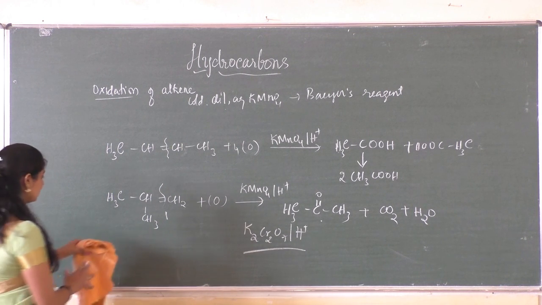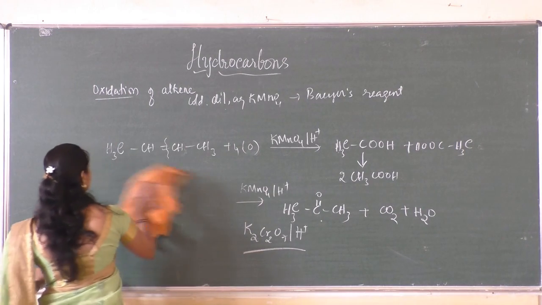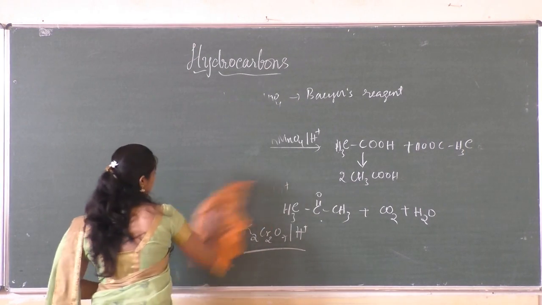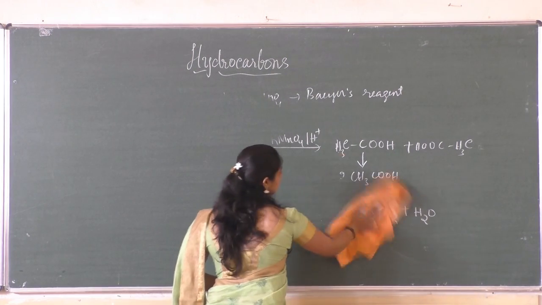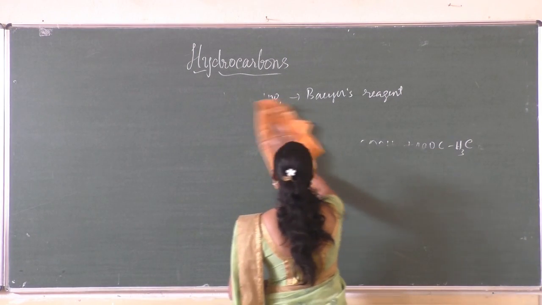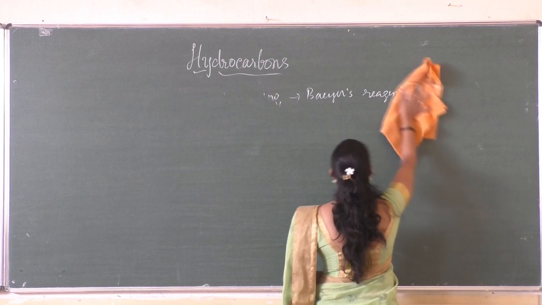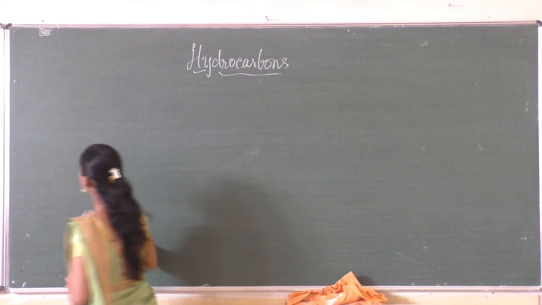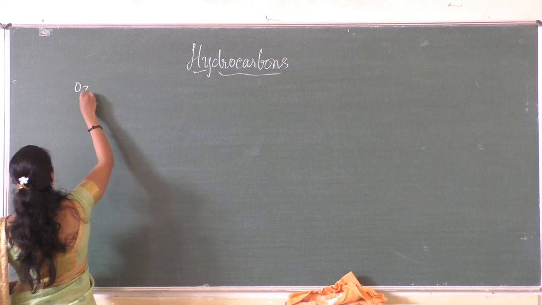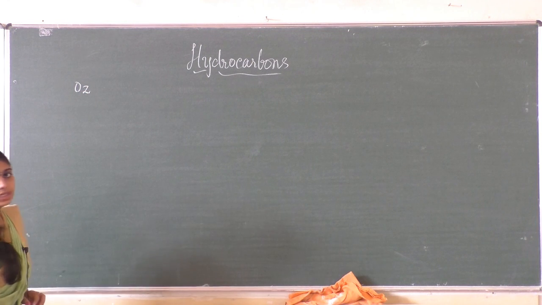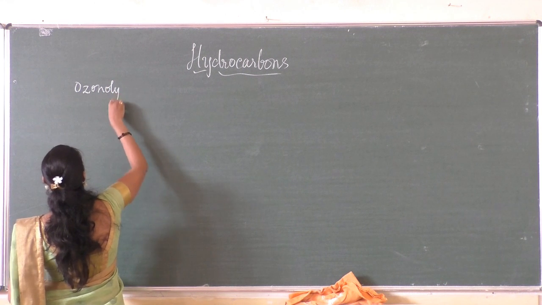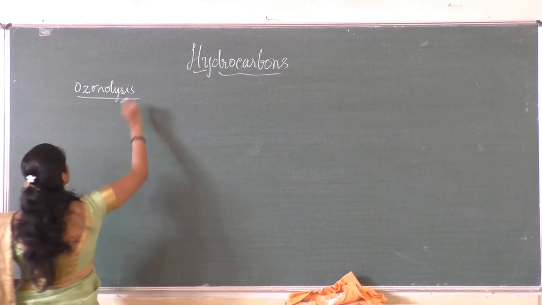And the next one is an important reaction of alkene, that is the addition of ozone. So you have heard about ozone. The addition of ozone to an alkene is called ozonolysis.